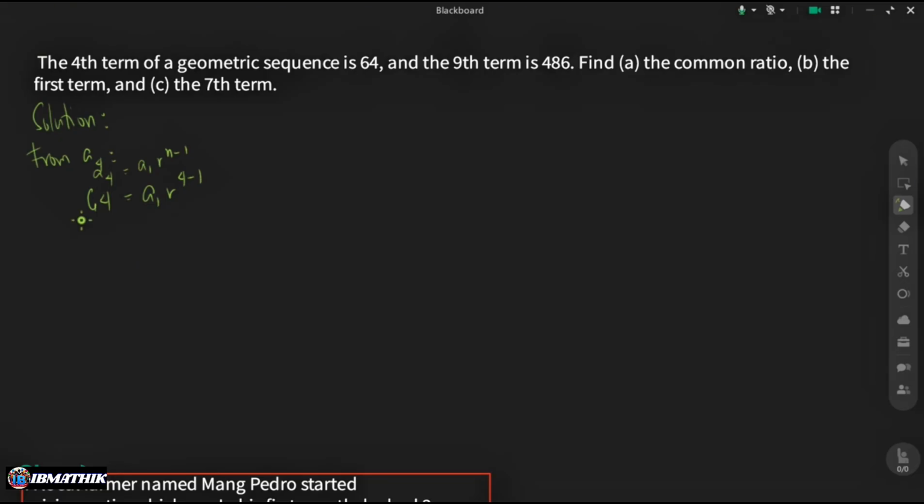So in this case, we have here 64 is equal to the first term times the ratio raised to 3.